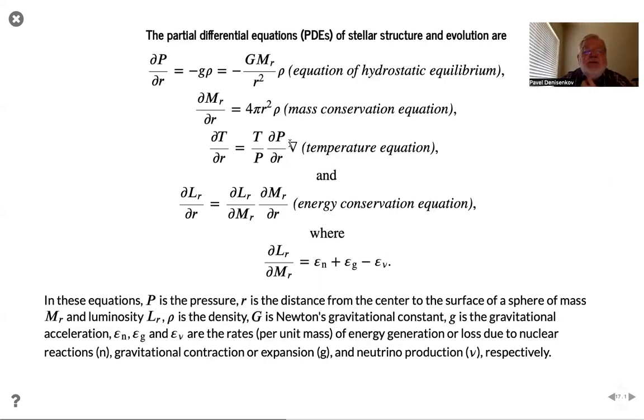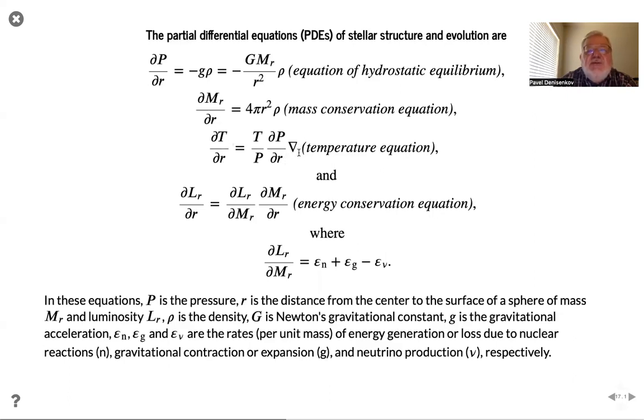The third equation describes how heat is transferred inside the star from its center to the surface. Of course, the center usually has the maximum temperature and the surface has a much lower temperature, and therefore there is a temperature gradient. Here the temperature gradient is either the derivative of temperature with respect to radius, this one, or this nabla.